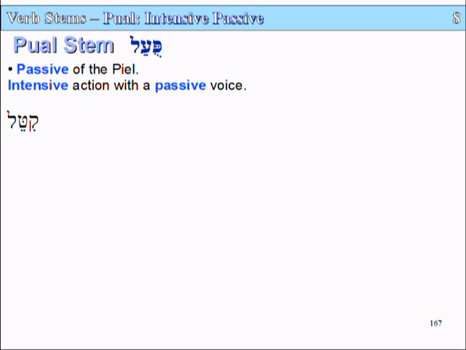So, if we take the Piel version of the word he killed, katal becomes kittel, which is he slaughtered, and if we change that to a Pual, it becomes kuttal, he was slaughtered. So it's the passive form of the Piel verb.